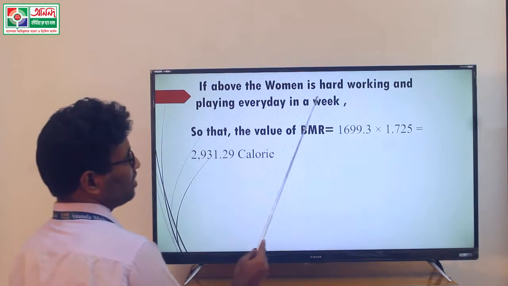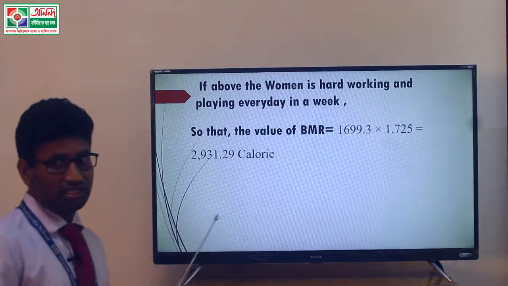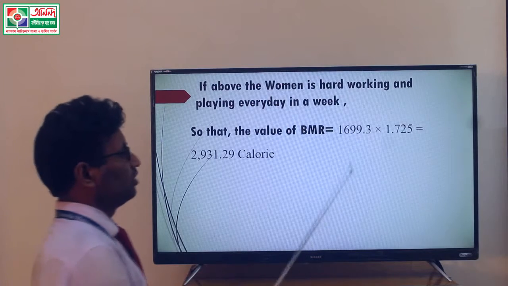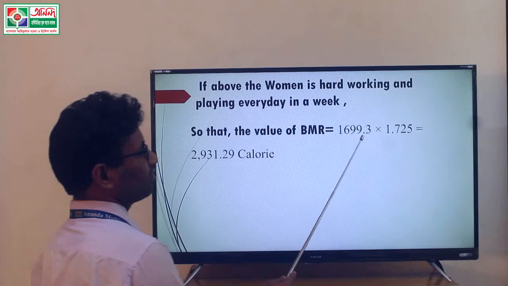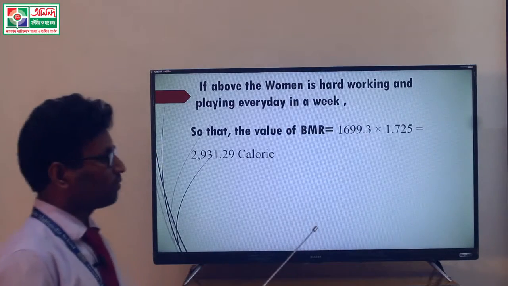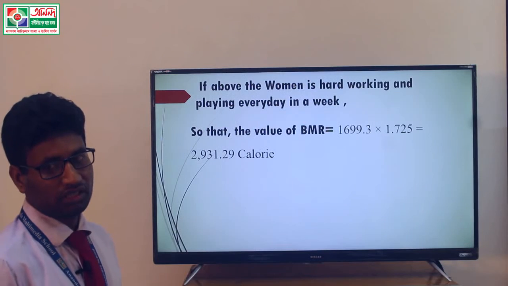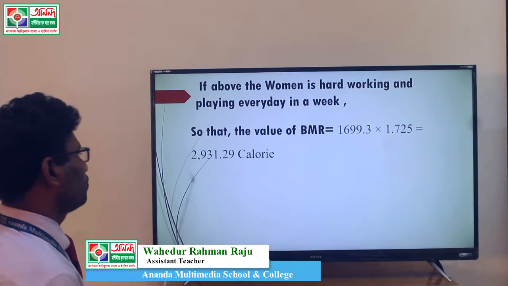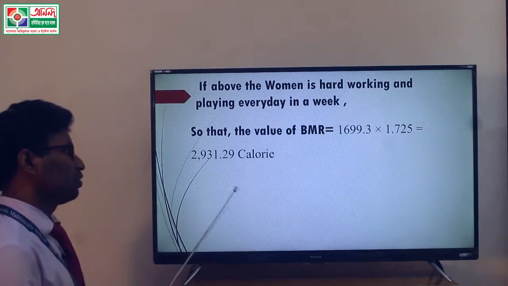If the woman is hard working and plays every day in a week, for this condition the BMR value of that woman is 1699.3 multiplied by 1.725, and we can easily get 2931.29 calories.